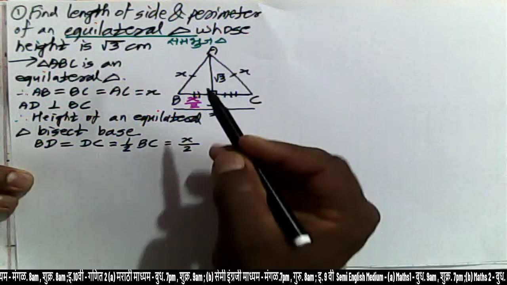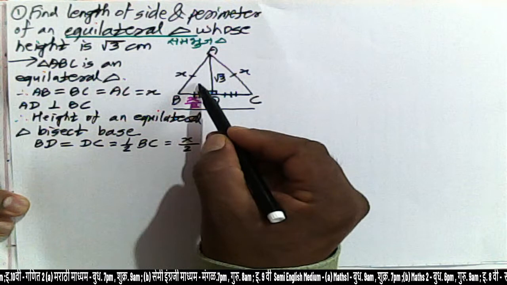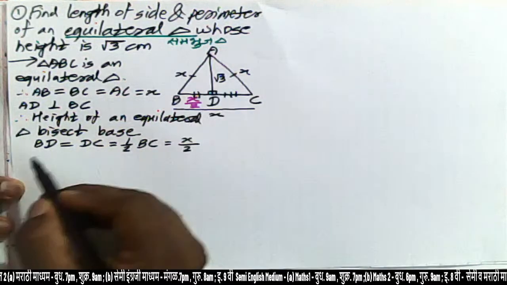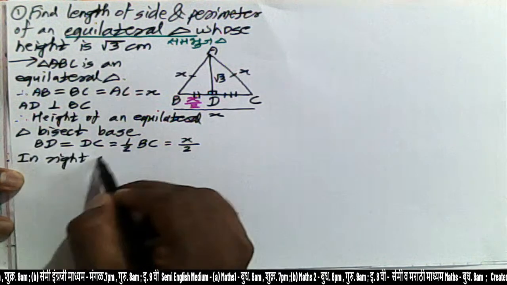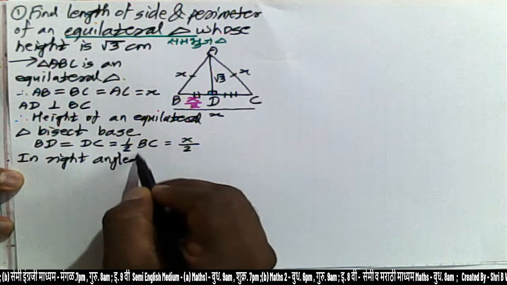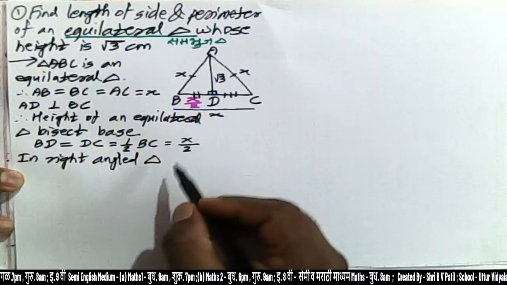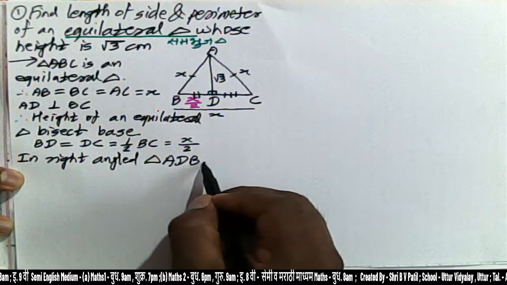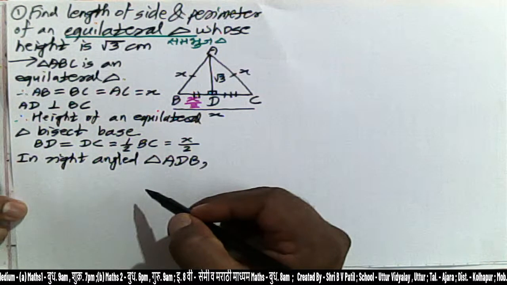Then we consider this triangle, and this is a right angled triangle. In the right angled triangle, the triangle name is triangle ADB. Which theorem can we use? Good answer given.